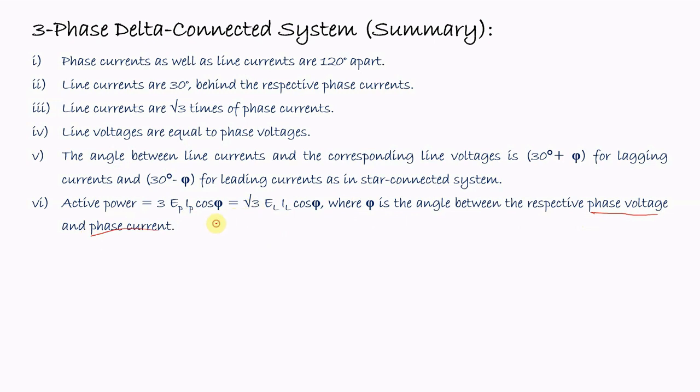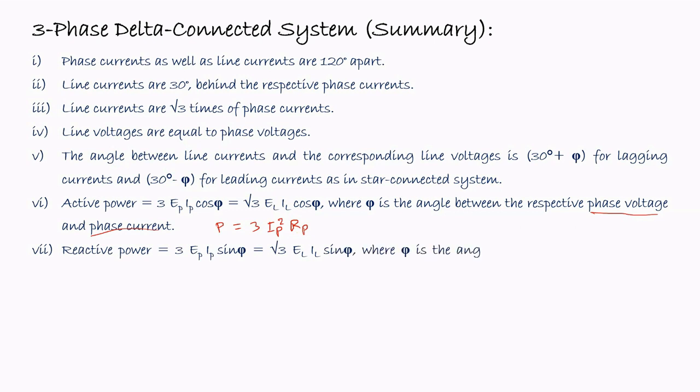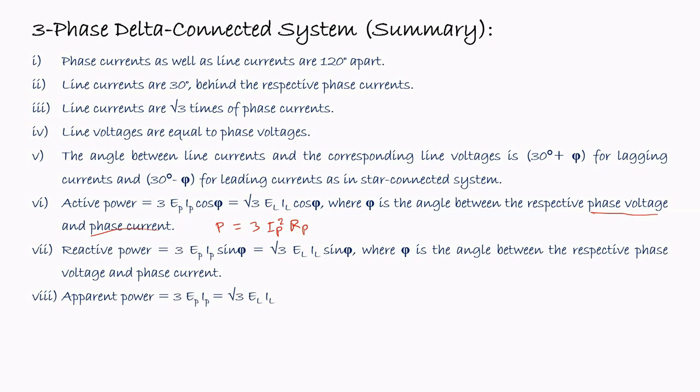The active power can also be calculated by using the formula 3 I phase square into R phase. The reactive power is 3 E phase I phase sin phi or root 3 EL IL sin phi, as in the case of a star connected system, and the apparent power is 3 E phase I phase or root 3 EL IL.